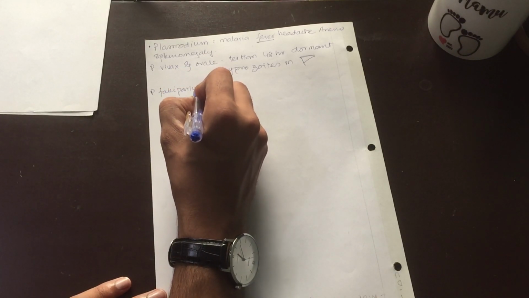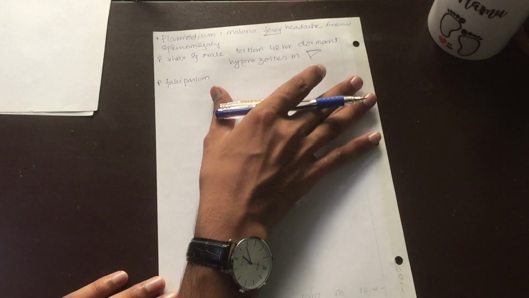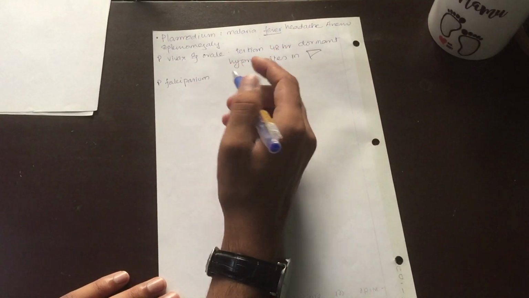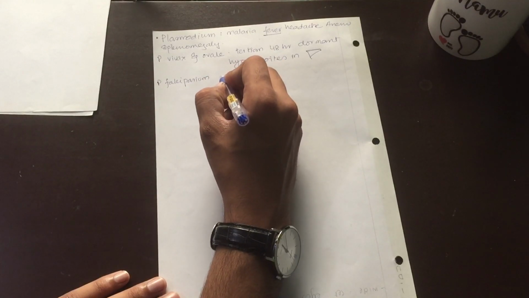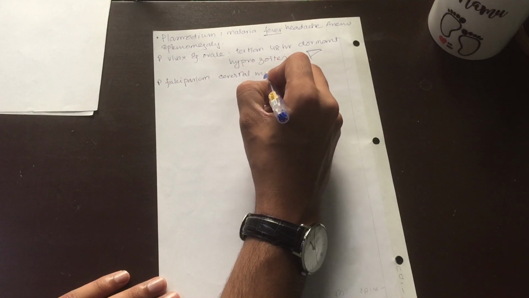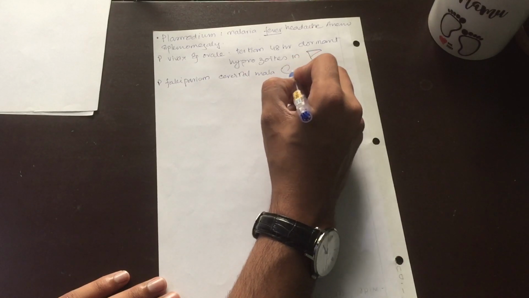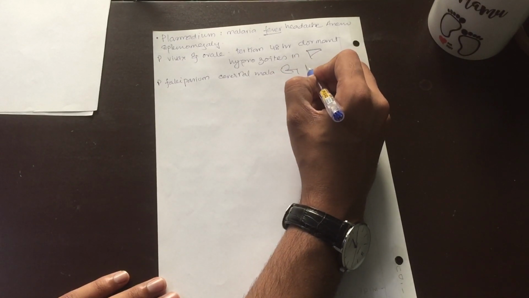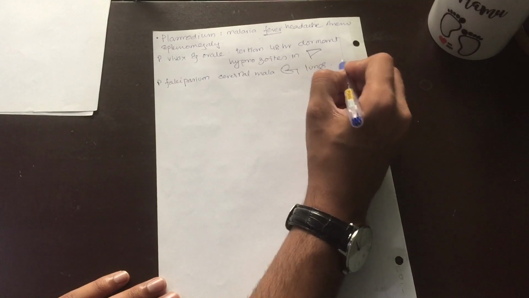Then we have Plasmodium falciparum. Falciparum is very much tested. These blood-related protozoa are very important. Falciparum can cause cerebral malaria. It can affect the kidneys and the lungs. Why?